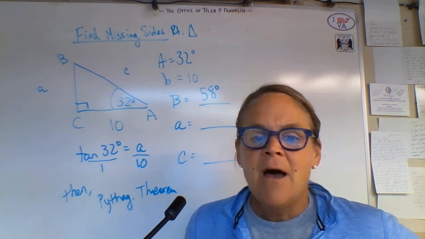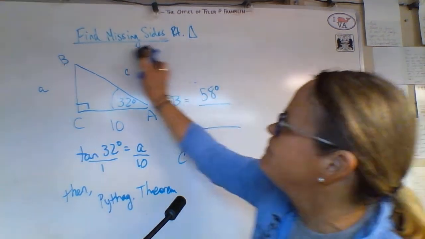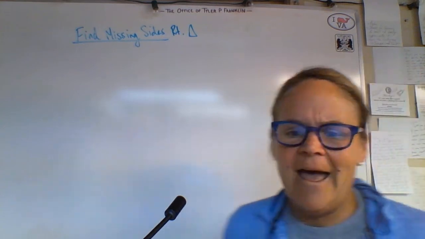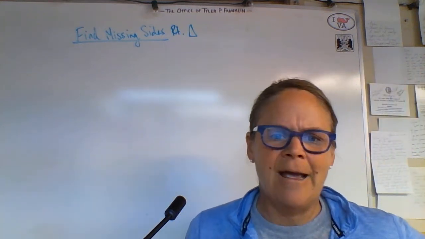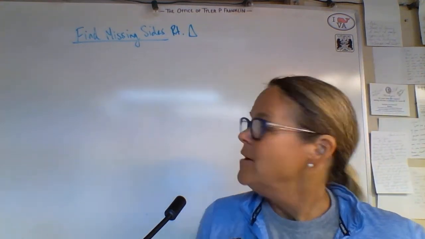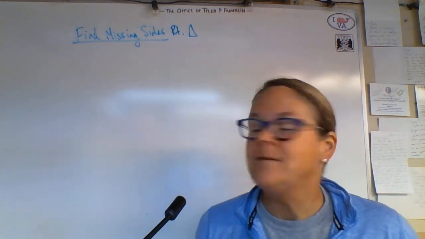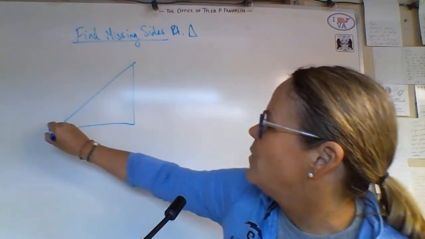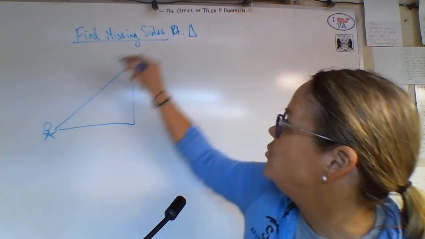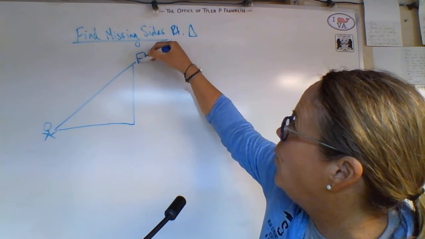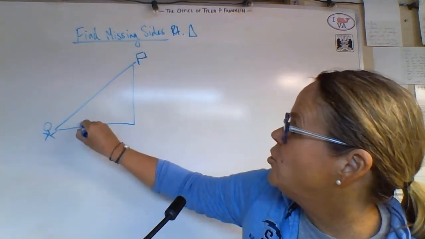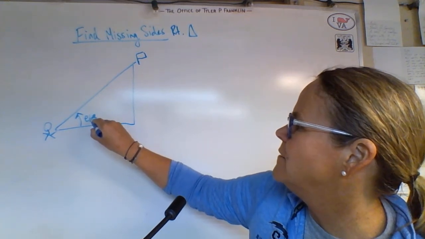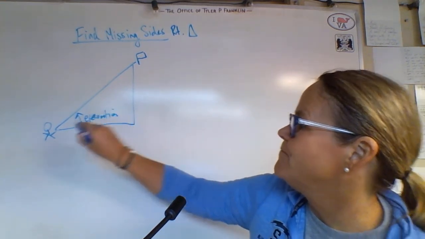Okay? Word problems. The thing with word problems that you want to make sure you understand is angle of elevation and angle of depression. Angle of elevation is you looking up at something. If you're standing here and you're looking at the top of a flagpole, your angle of elevation is at you.